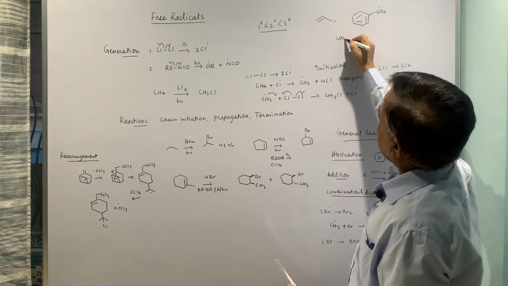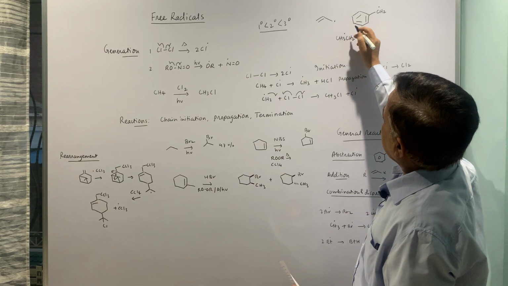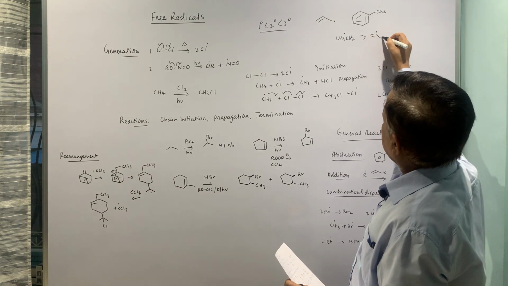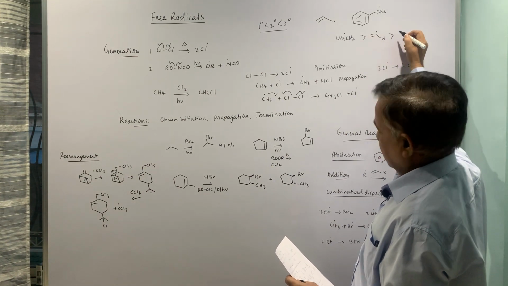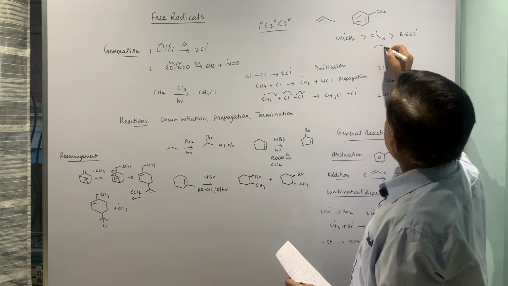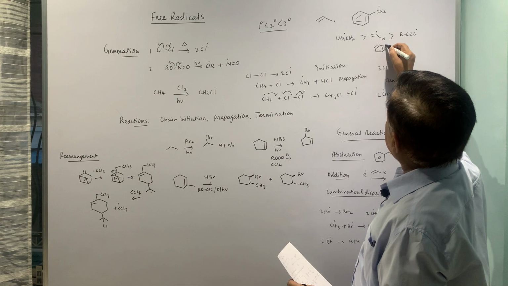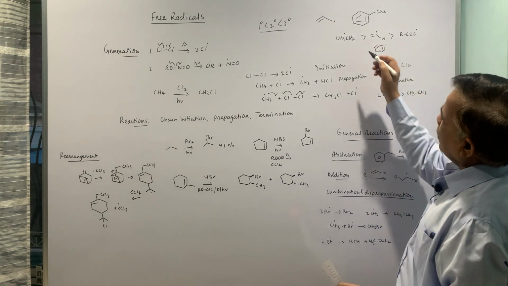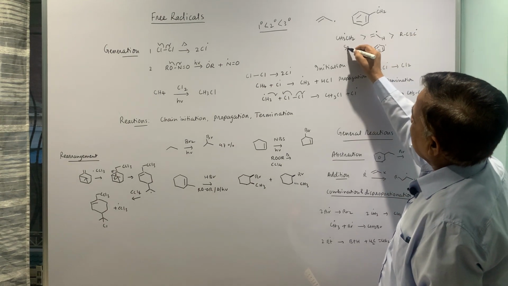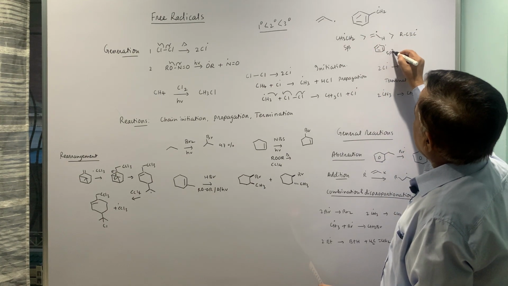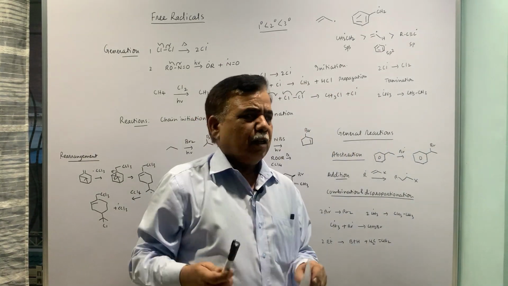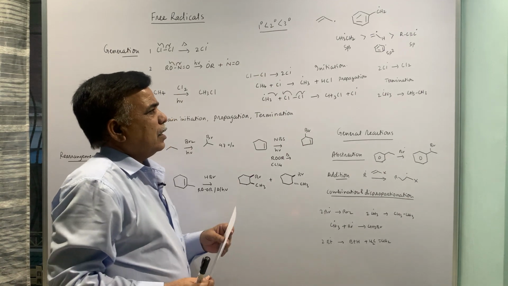On the contrary, if you look at the radicals like this, even this phenyl radical will be same. So this is more stable than the sp3, sp2 and sp. So state of hybridization matters. sp3 radicals are more stable than sp2 than sp.